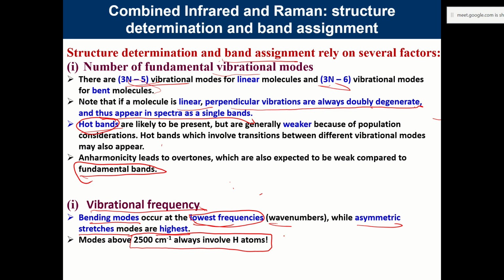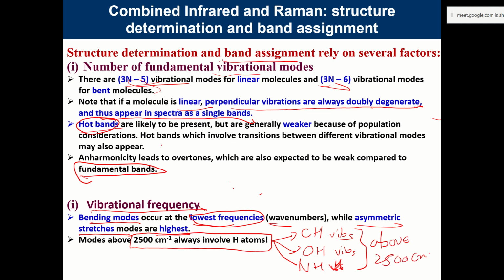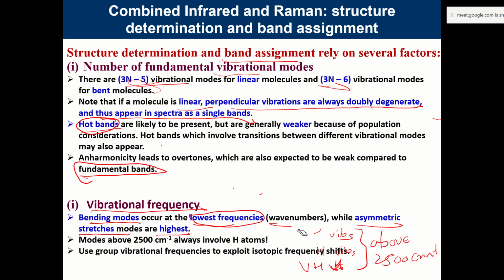For example CH vibrations, OH, NH, these things will appear above 2500 cm inverse. Above 2500 cm inverse you will find the vibrations of all groups, functional groups, containing H, hydrogen atoms.